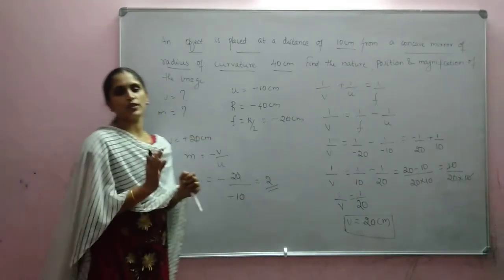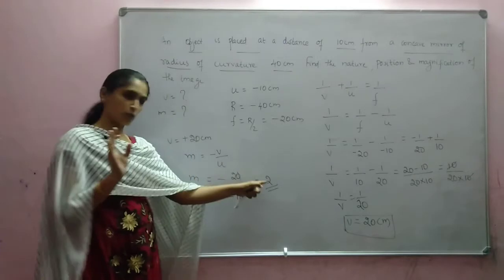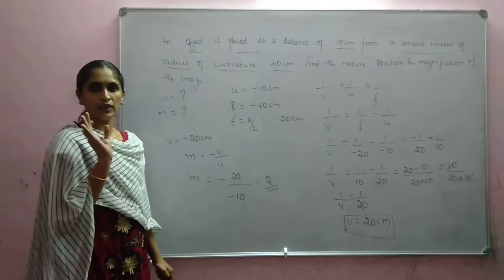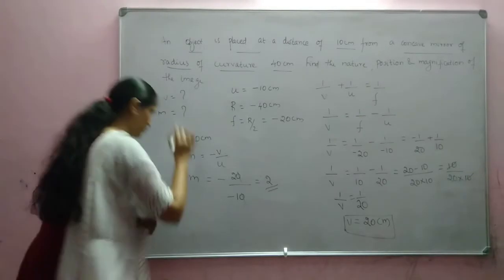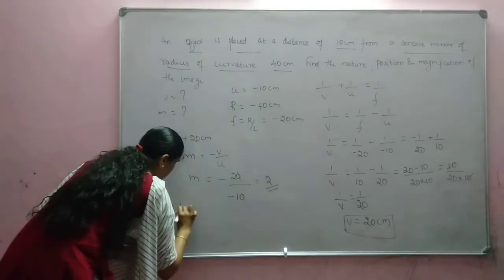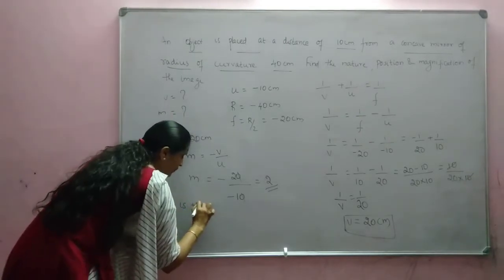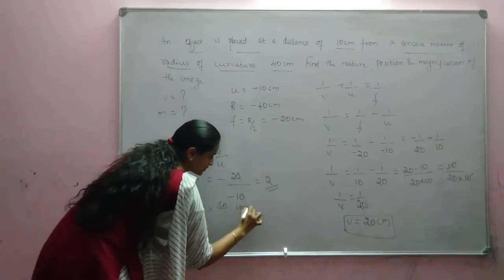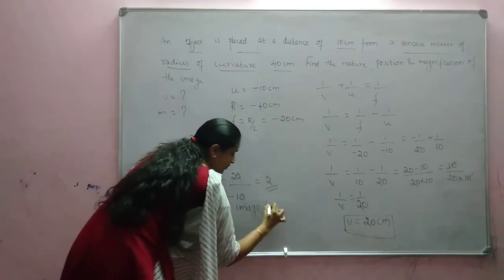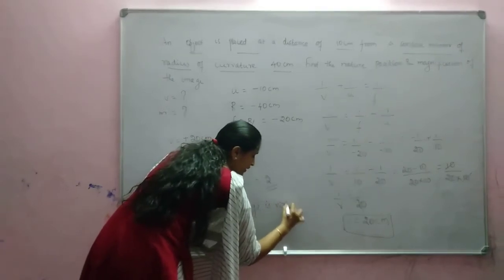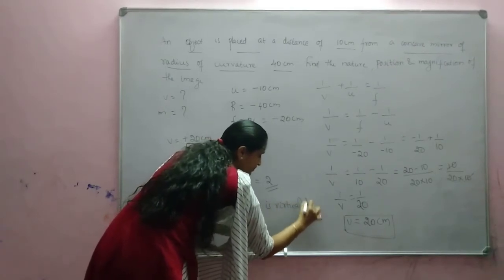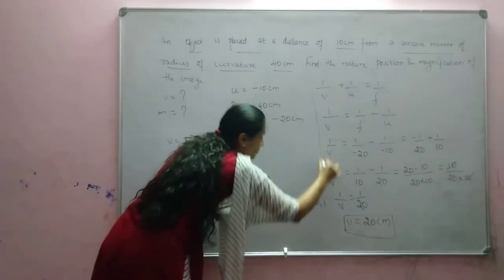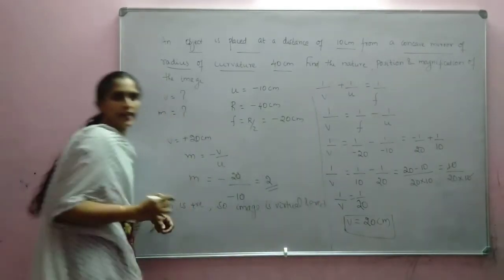So what does it show? Magnification is positive. So we can say that the image is virtual and erect. Magnification positive shows that the image is virtual and erect.